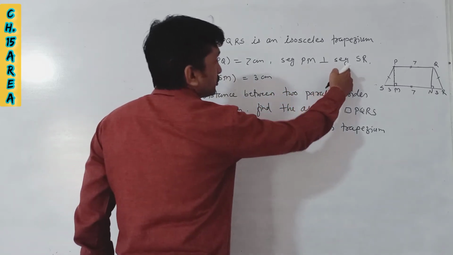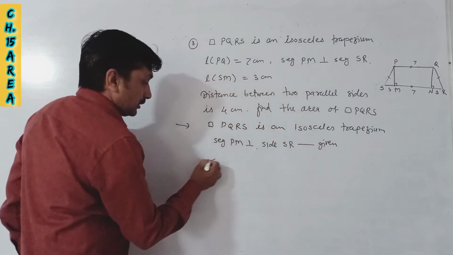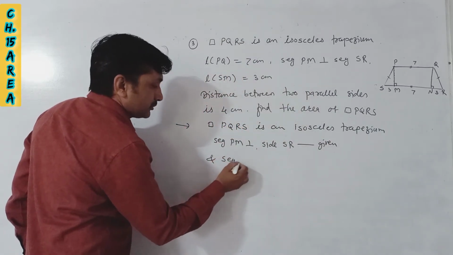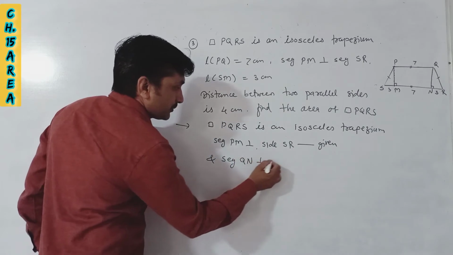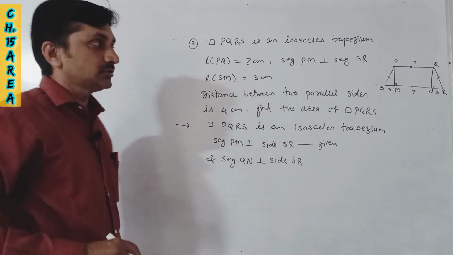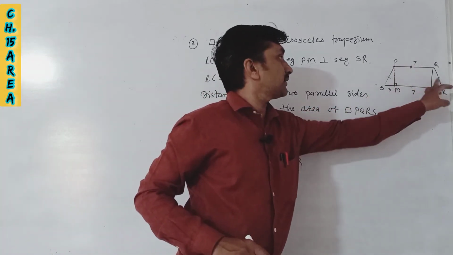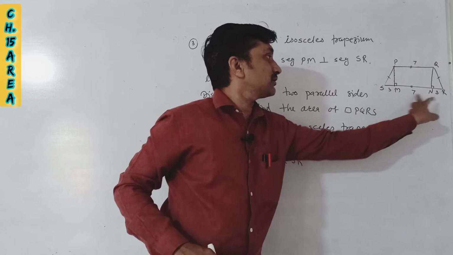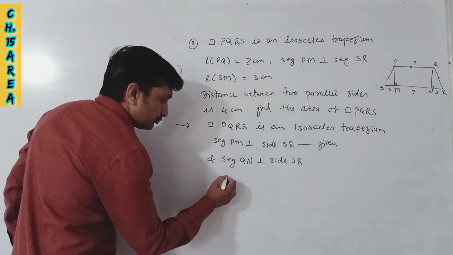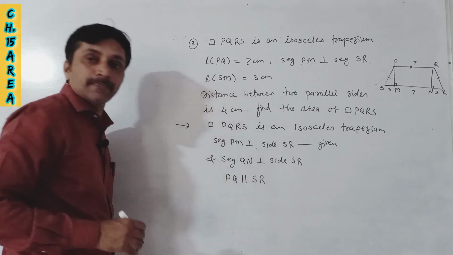I read the given here. And we constructed QN, which is also perpendicular on side SR. Both are heights. And if both are heights, here PM and QN, PQ is parallel to SR.